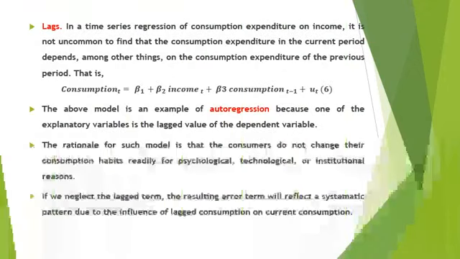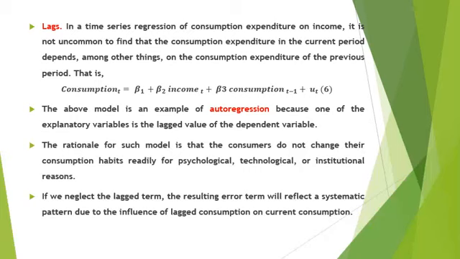Lagged responses to decision variables are very common in time series data. Therefore, the time lag itself becomes a source of autocorrelation. For example, in a time series regression of consumer expenditure on income, it is customary to view that consumption expenditure in the current period depends, among other things, on the consumption expenditure of the previous period.